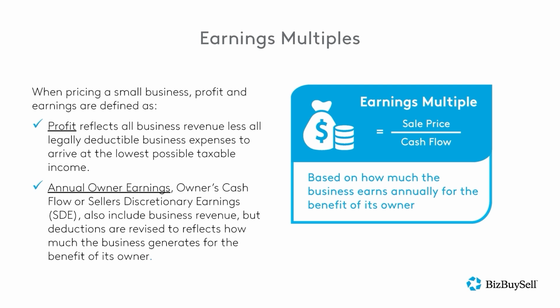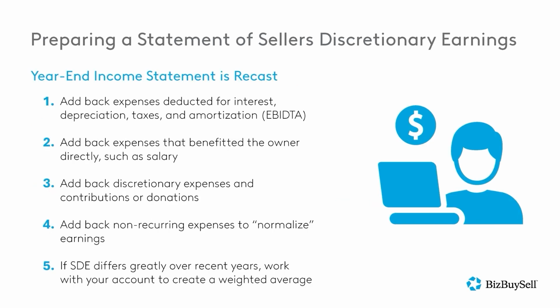Annual owner earnings, also called owner's cash flow or seller's discretionary earnings, SDE, also include all business revenue. But from there, deductions reflected on the income statement are revised to arrive at a total showing how much the business actually generates for the benefit of its owner in a normal year.